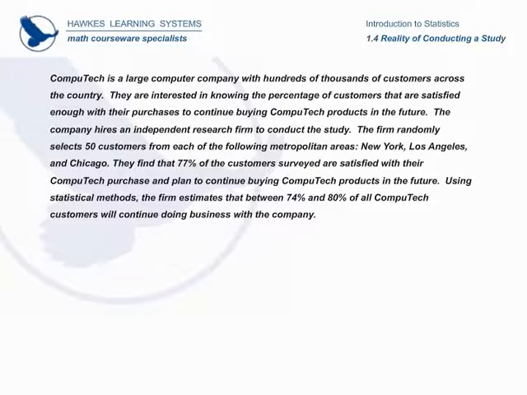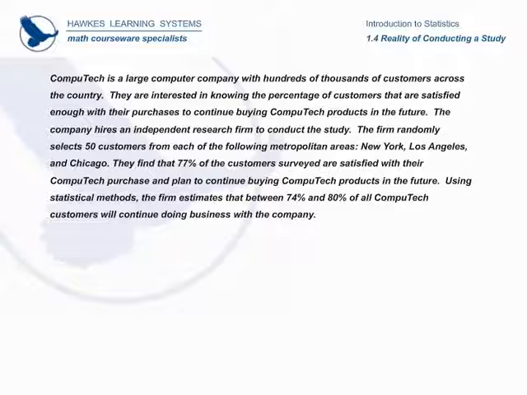Okay, let's take a look at some examples and we'll try to pull together all that we've learned so far. Computech is a large computer company with hundreds of thousands of customers across the country. They're interested in knowing the percentage of customers that are satisfied enough with their purchases to continue buying Computech products in the future. The company hires an independent research firm to conduct the study.